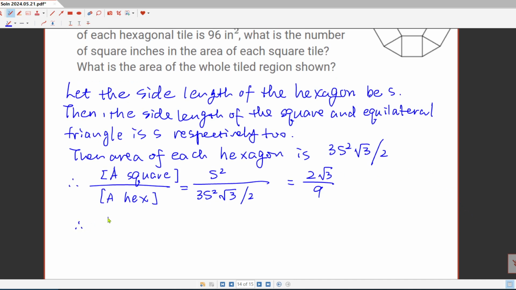And therefore we know the area of each square is 2 root 3 over 9 times 96, which is 64 root 3 over 3, right?